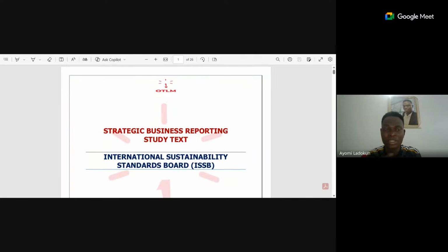So that's voluntary. And phase 3 will now be mandatory for PIs. The PIs are the public interest entities. Even if you are not listed on the stock market, the moment your company's revenue is about, I think, 30 billion and above, then you're already in the net of PIs. So you must adopt sustainability reporting.